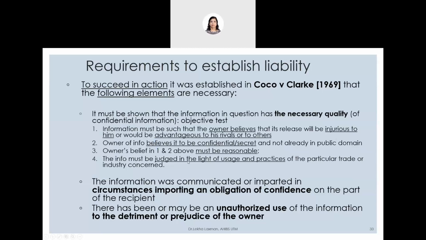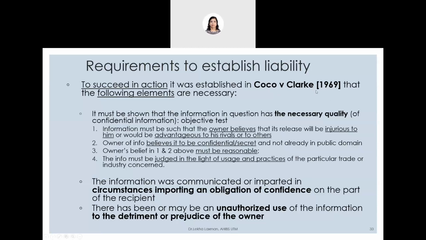And finally, the information must be used in the light of usage and practices of a particular trade or industry. That means the information must be seen in the context of a particular industry. If you take the example of Coca-Cola, it will be looked at in the context of the beverage industry. So these are the elements that were decided in Coco versus Clark.